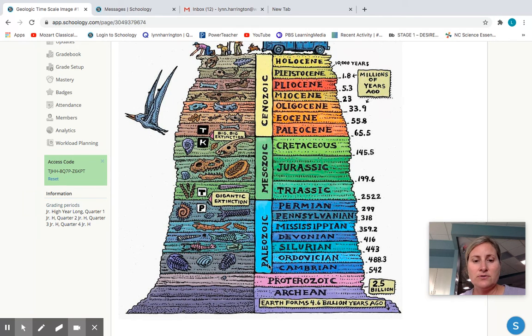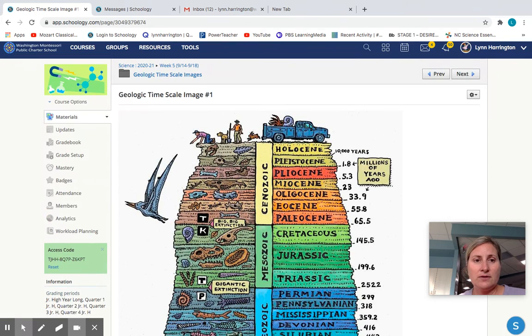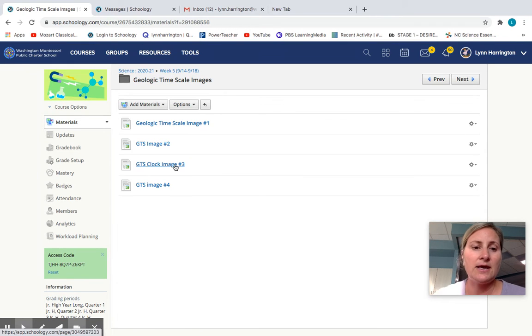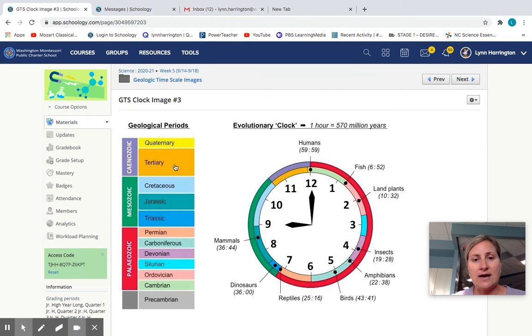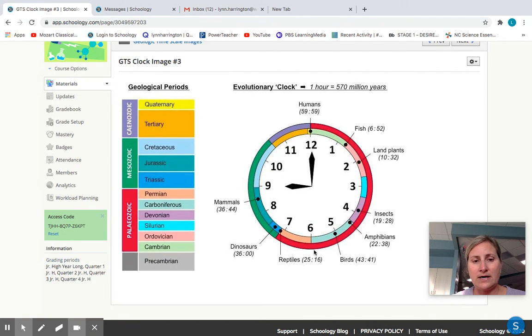So you're going to give information about the Precambrian era. You're going to give information about the Paleozoic era, the Mesozoic era, and the Cenozoic era. Take time to read the information presented about those times, look at these geologic time scales, and decide how you want to do your work, how you want to organize it.